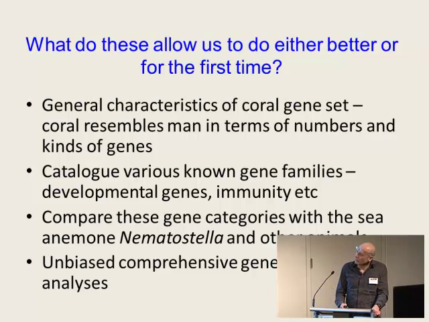And we can do comparisons between these gene categories with other animals, and particularly informative for us is the comparison with the sea anemone Nematostella, which is morphologically very similar to corals, except that it has a handful of very different lifestyle traits. And that are affected by climate change or any particular challenge.